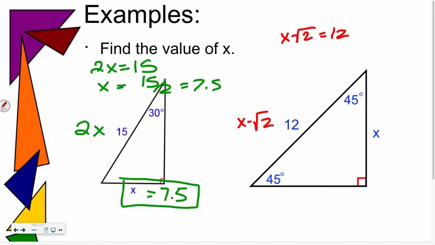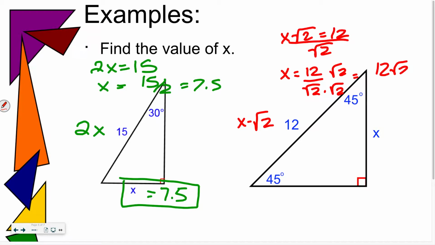If you can come up with your answer right then, fine. If you don't know, divide by square root 2. You get x equals 12 over square root 2. Of course, rationalize that denominator. So we get 12 square root 2 over 2, which is 6 square root 2. So my two legs, equal measure, are both 6 square root 2.